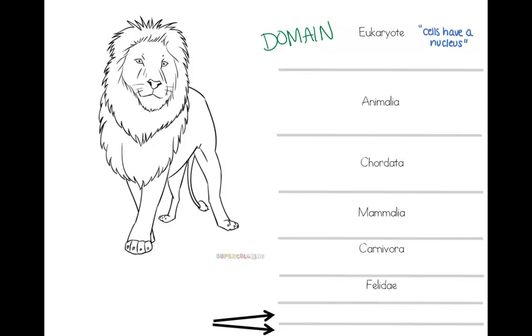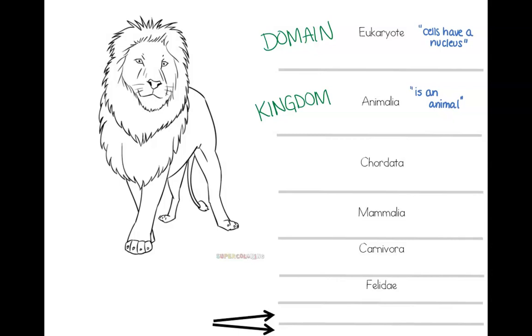Our next level of classification is called the living things kingdom. Now, the kingdom, again, is going to get a little more specific. The kingdom for a lion is Animalia. What you'll notice is that Animalia sounds a lot like another familiar word, animal, and that is because when something is part of the Animalia kingdom, it means it's an animal.